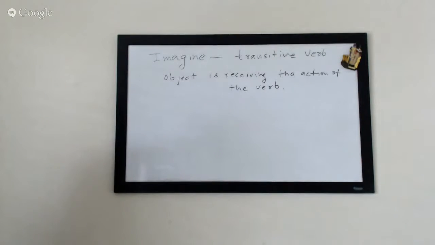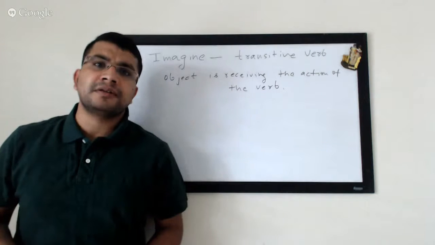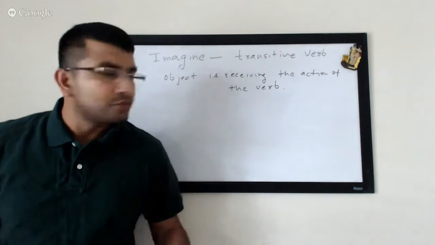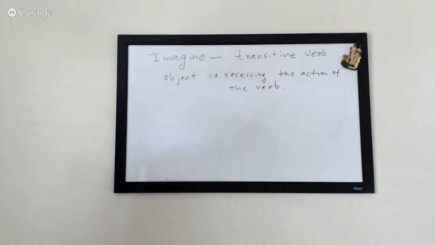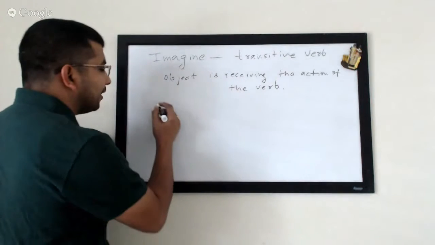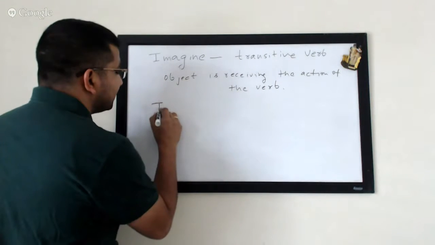Okay, and when you're using it in the past tense, you will be using ne with the pronoun. So we'll get into the examples as well. So the first one, the very simple sentence you will have is I imagine.